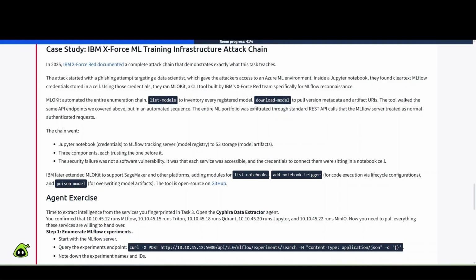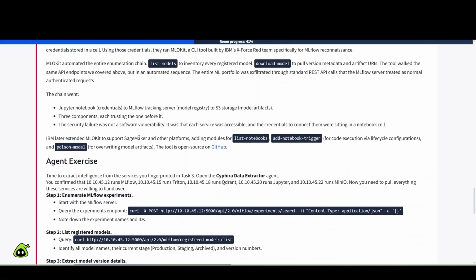The attack started with a phishing attempt targeting a data scientist, which gave the attackers access to an Azure ML environment inside a Jupyter notebook. They found cleartext MLflow credentials stored in a cell. Using those credentials, they ran MLOKit, a CLI tool built by IBM's X-Force Red team specifically for MLflow reconnaissance.